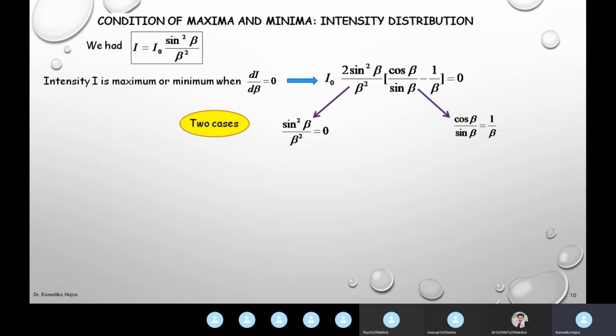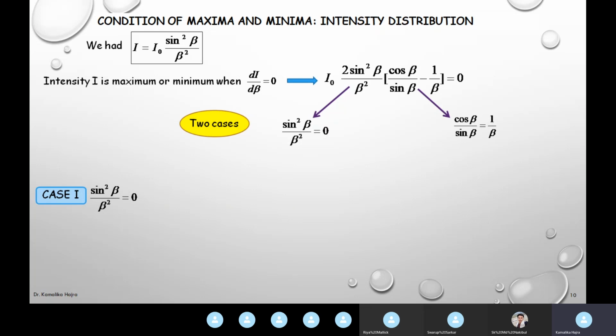So let us see what these two cases result in one by one. First of all, case 1, sine squared beta by beta squared equal to 0. Let's see what happens over here. When does this happen and what is the result on the screen?